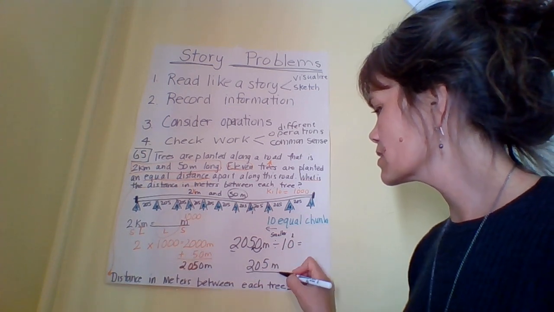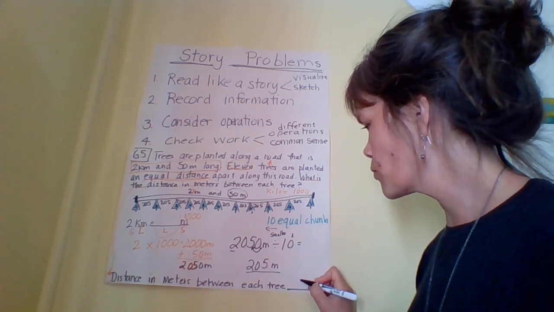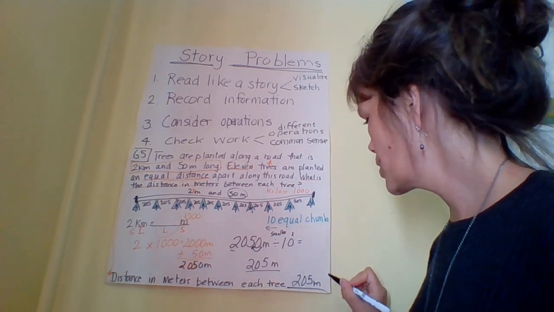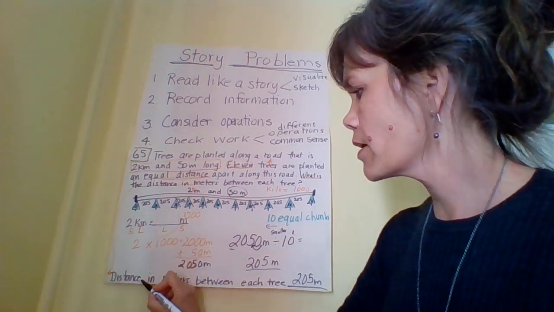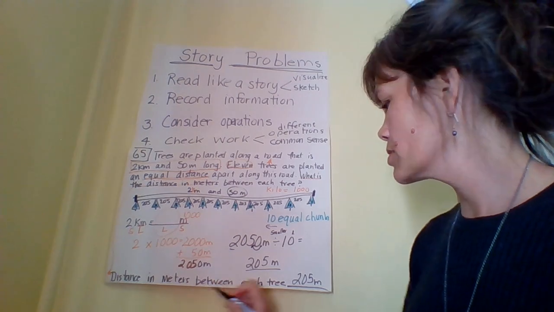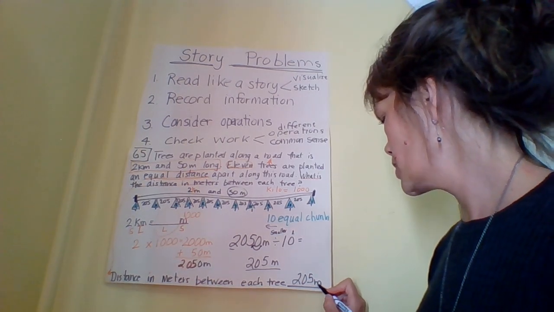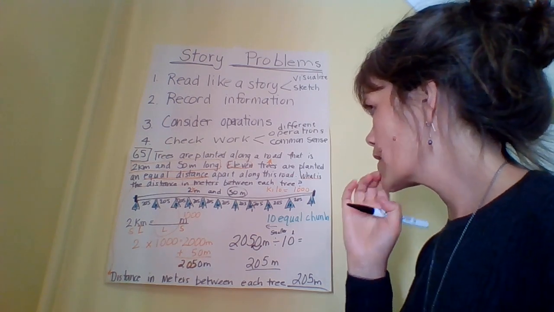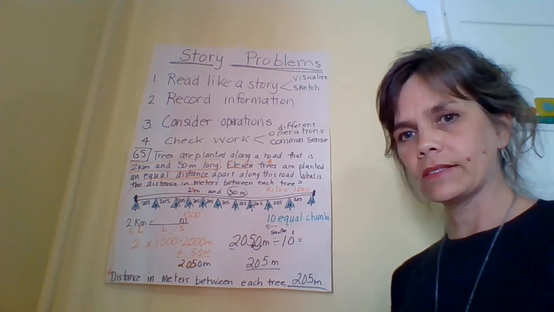So then it does make sense for the 205 to be the answer. And the last thing I'm going to do is check. Over here I wrote down the distance in meters, and then I have labeled it with meters. So I have an answer that I think makes sense.